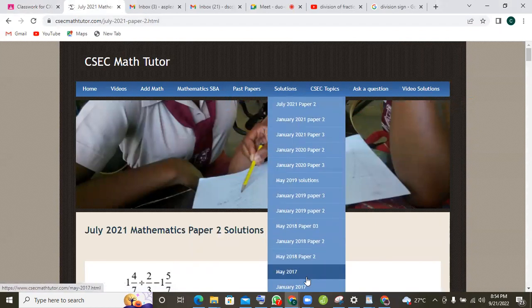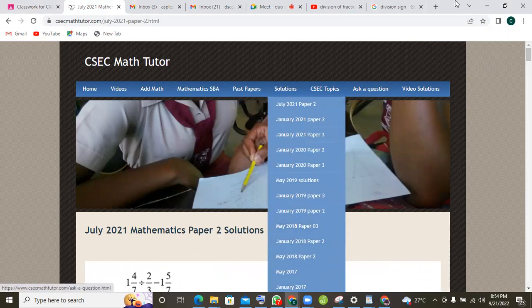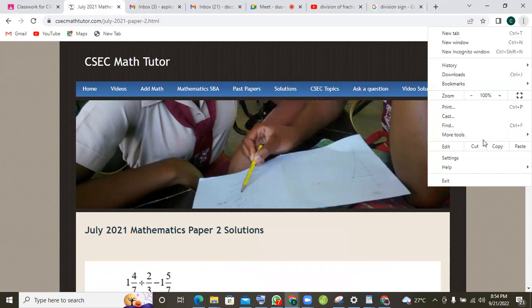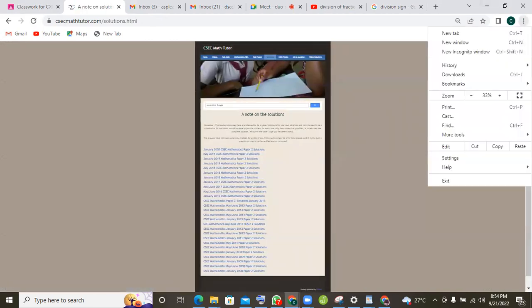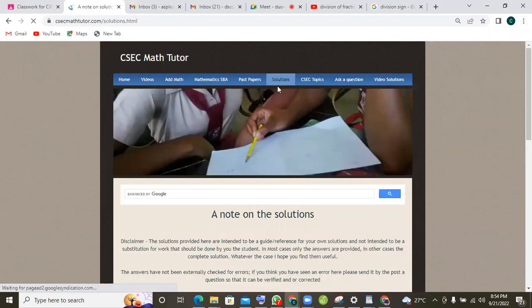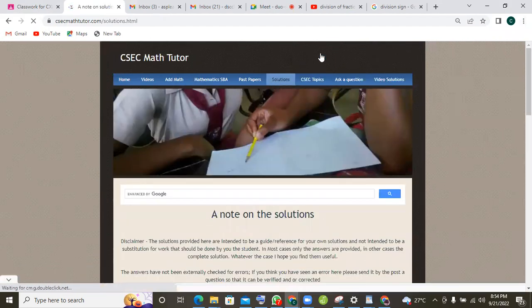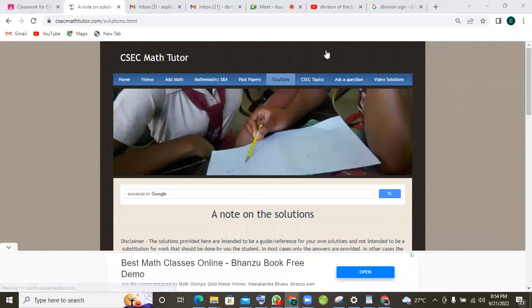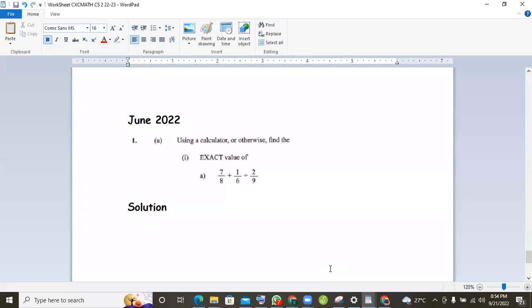I have to scroll down. So it goes right down. I'm seeing 2015, 2016, and so forth. So please do that. And the more you do, the better. Every day, try to do something. Okay.